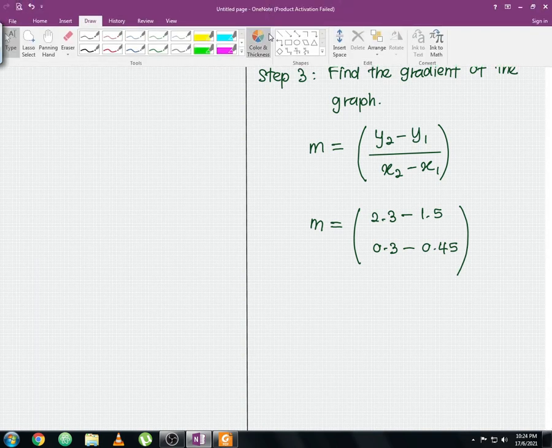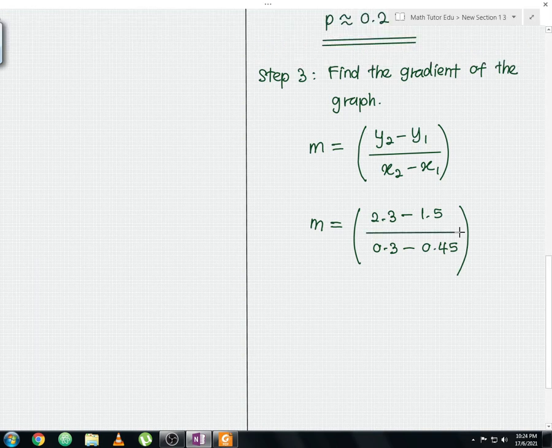Let me underline this. When you calculate this, you should be getting the gradient of the straight line as negative 5.33. Let me underline this.